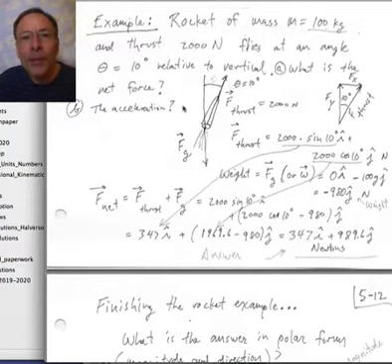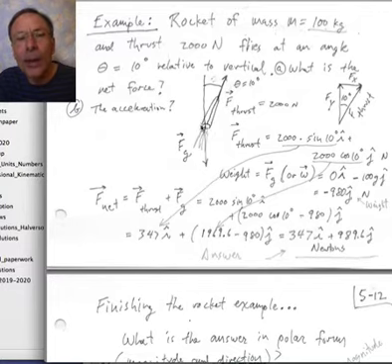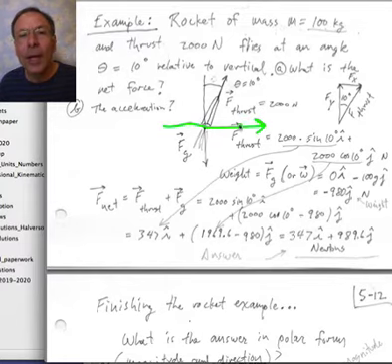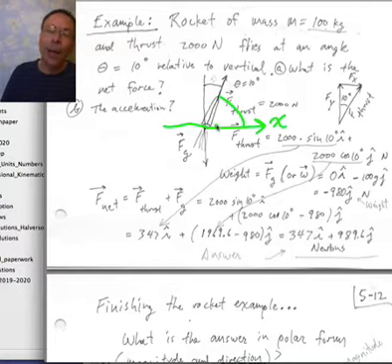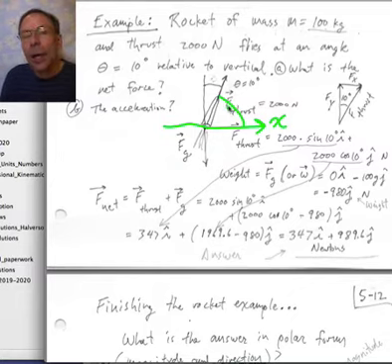Now, one thing I need to tell you right away, I know that we're kind of used to thinking of the coordinate system for the angles as relative to the horizontal or the x direction, and then having the angle be this angle here. But very often, this is not the way the problem is stated.